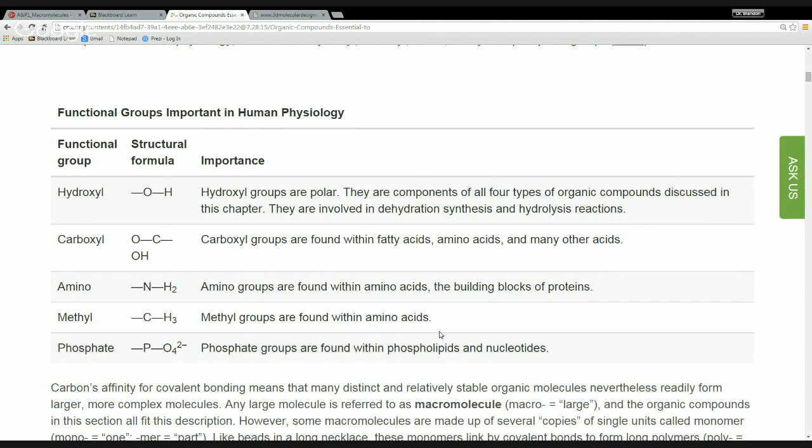There are three other bonds that carbon can make. But hydrogen came to the party with one electron in its orbital shell. Carbon came, let me draw a carbon a little bigger. Carbon had two electrons in its inner shell, but then it has an outer shell with some electrons, and one of those is shared with the one in hydrogen.